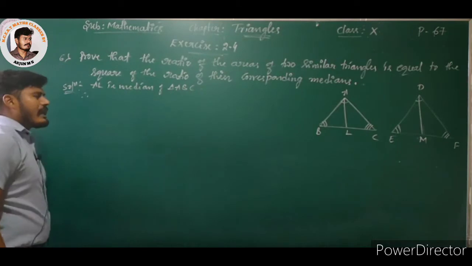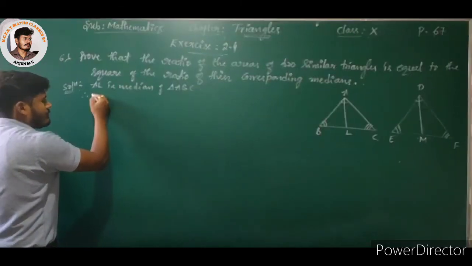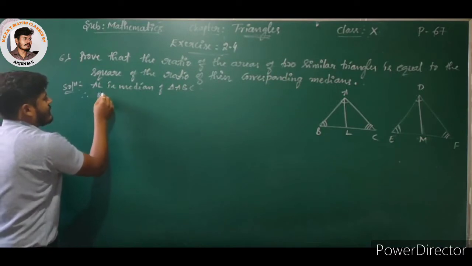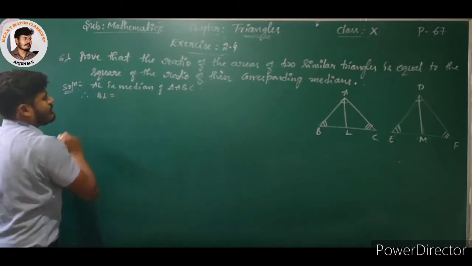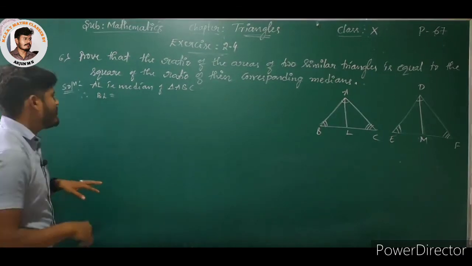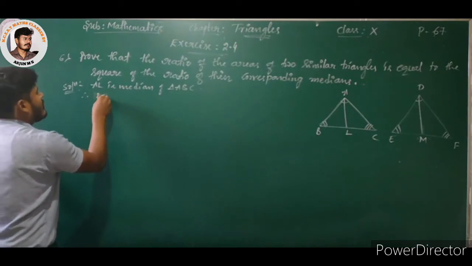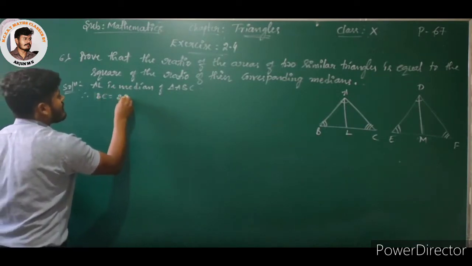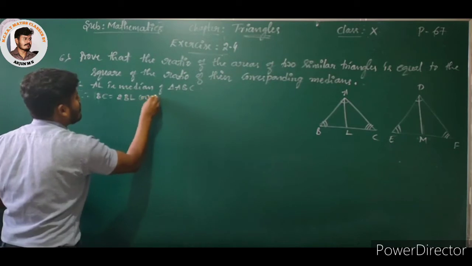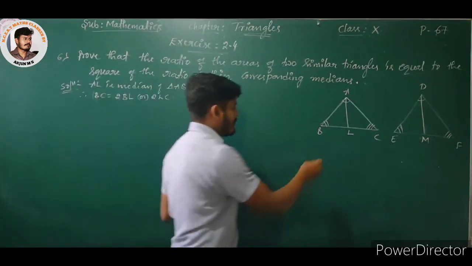Therefore, BL is equal to half of BC, or you may call it BC is equal to 2 times BL or 2 times LC.